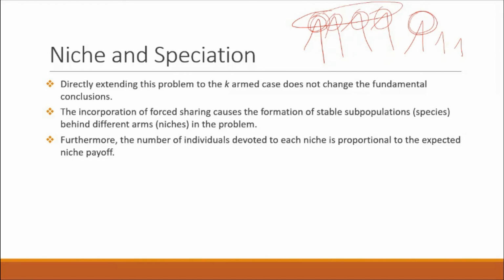That is, more individuals will be present at this particular peak, and only fewer individuals will be present at this peak. So this is the basic concept of niche and speciation.